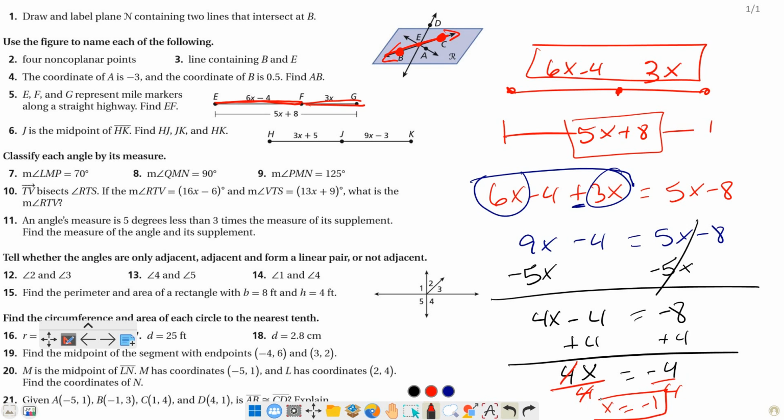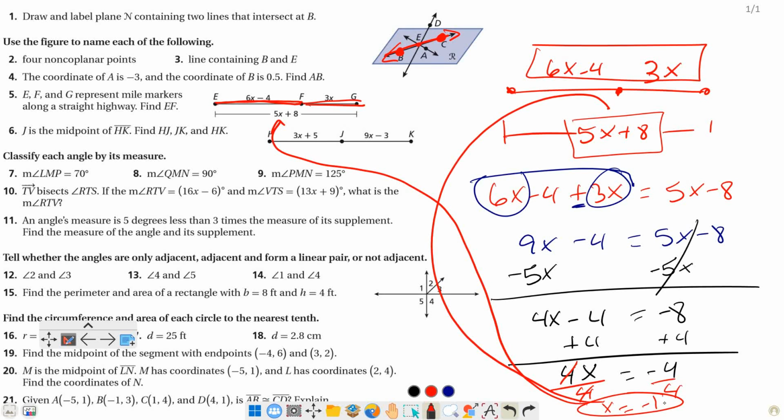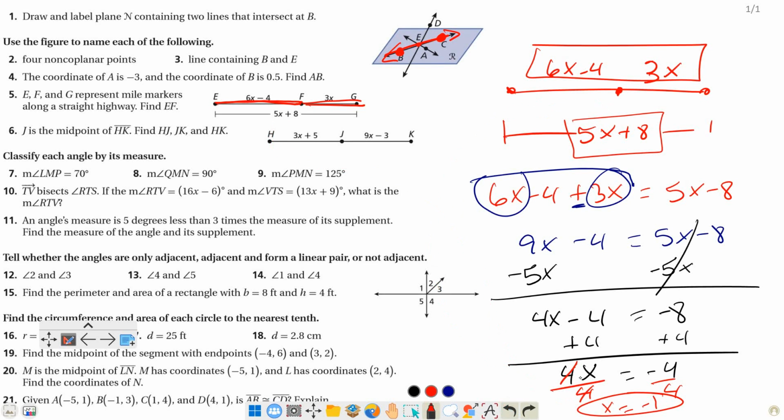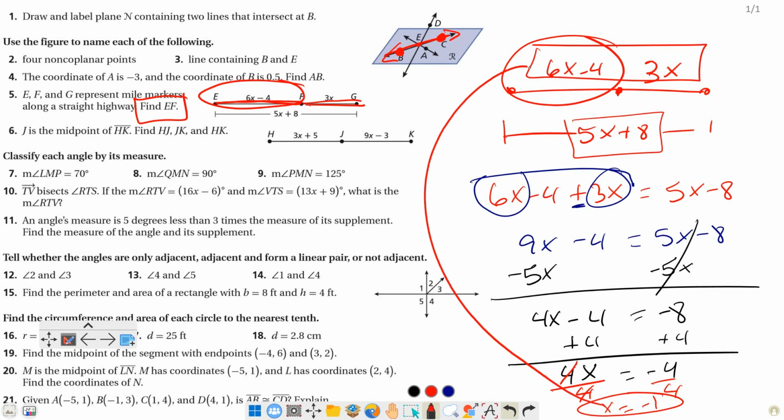Are we done, though, once we found x equal to negative 1? No, because we need to take this and we have to substitute this back into our x. So we're going to substitute this not into that x, sorry. What do they want us to find? EF. So they want us to find EF. And what is EF? EF is 6x minus 4. So we substitute that in right there.